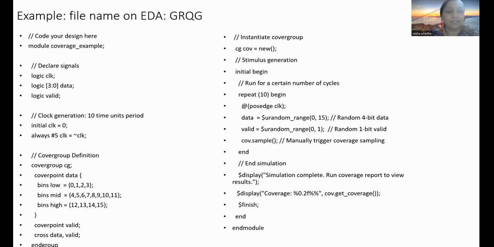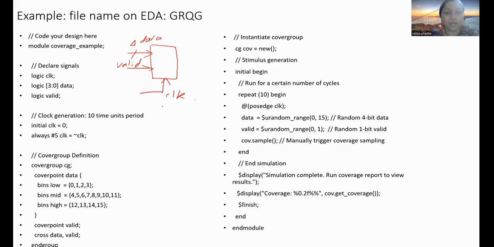For example, here I want to design a DUT where I have a 4-bit data variable and one more 1-bit signal, valid. It also has a clock input. These are declared in my module.